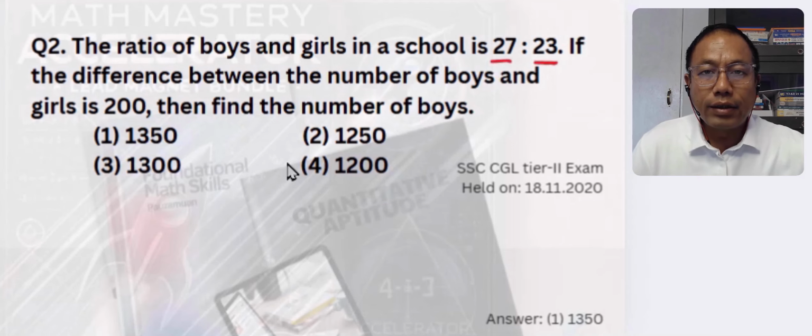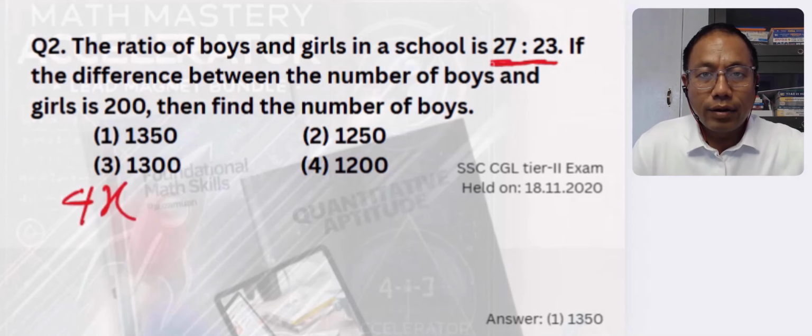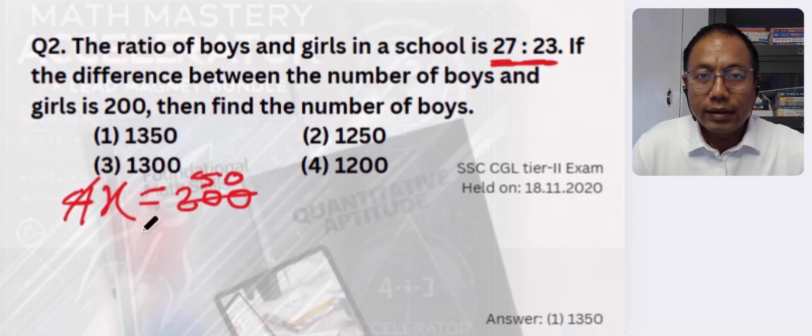The difference is 27 minus 23, 4x. I multiply with a variable x. This value is 200. Cancel it. 4 5s are 20. Here x is 50.